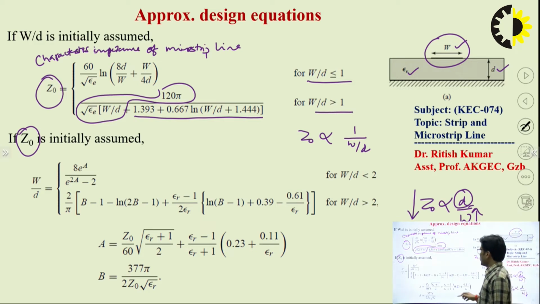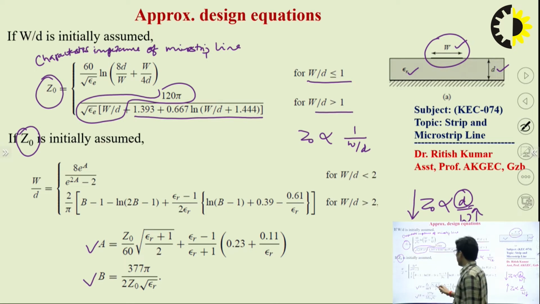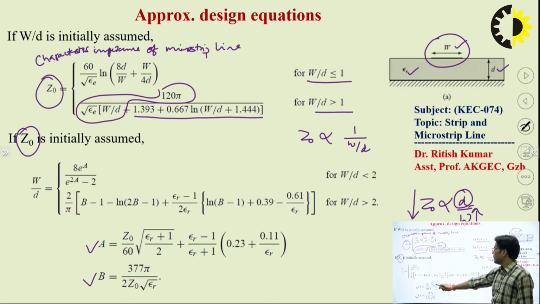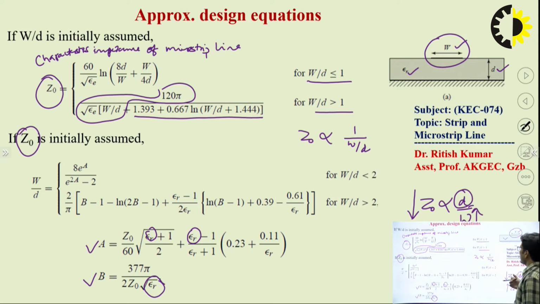For these you need to calculate the constants A and B, which depend on the effective relative permittivity of the substrate. Here is the formula, and the second one also depends on the relative permittivity of the substrate. So based on these equations, we need to understand how to design the microstrip line parameters.